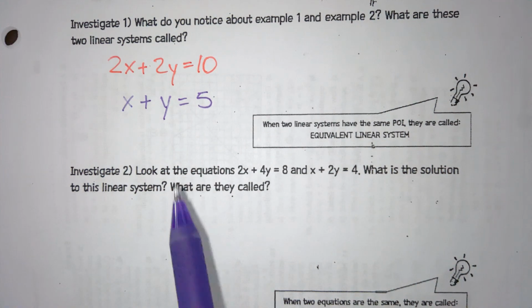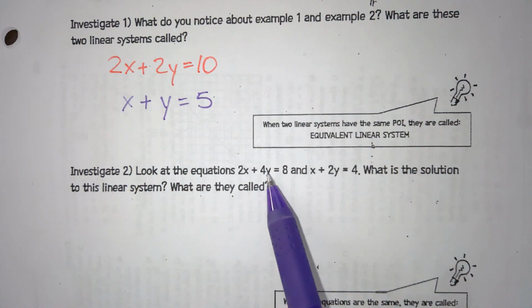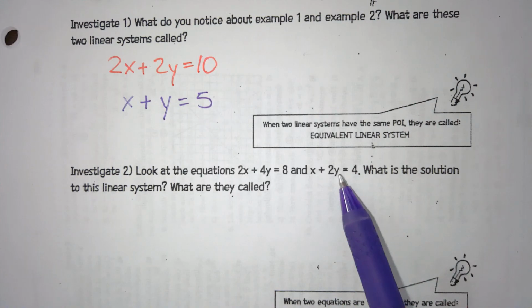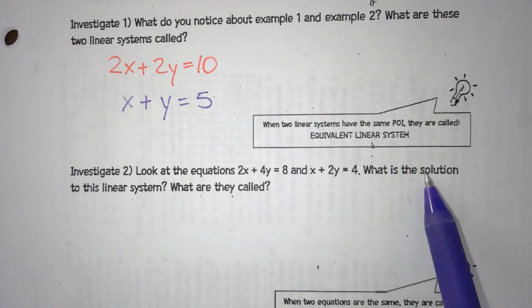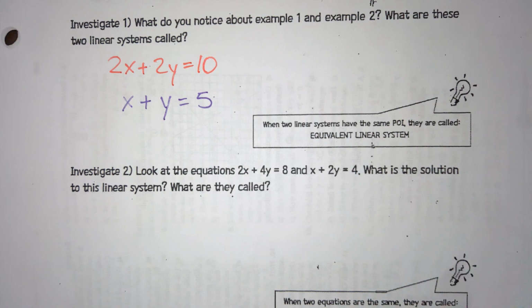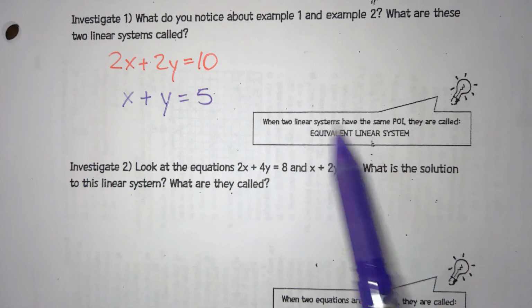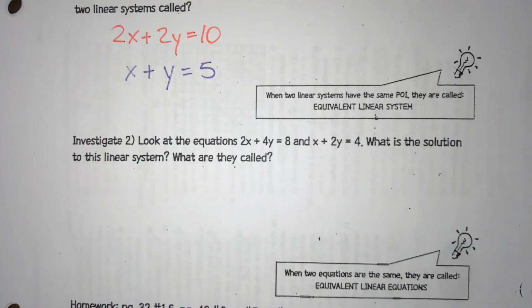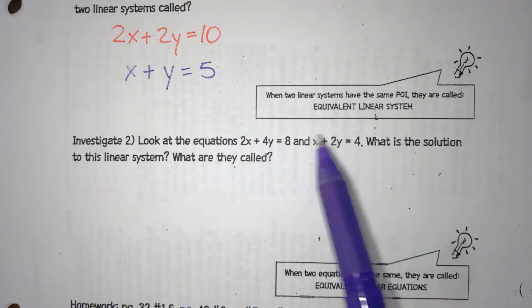What if you look at these two? 2x plus 4y equals 8 and x plus 2y equals 8. What is the solution to this? Yeah, so it says in this little box right here.